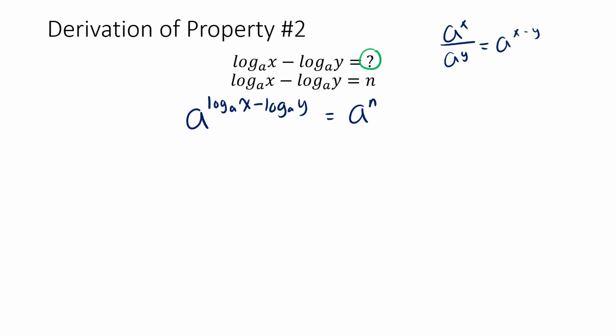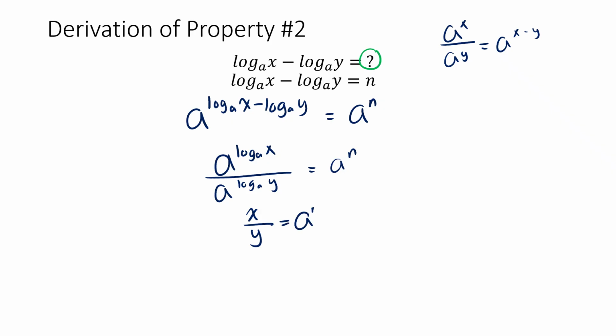So this will combine to a to the log base a of x over a to the log base a of y. Once again, a to the log base a, those are undoing each other, and we end up with x over y. So we're just undoing it.